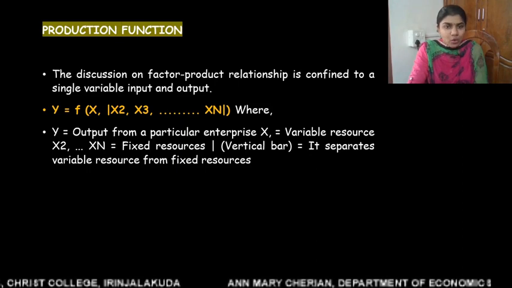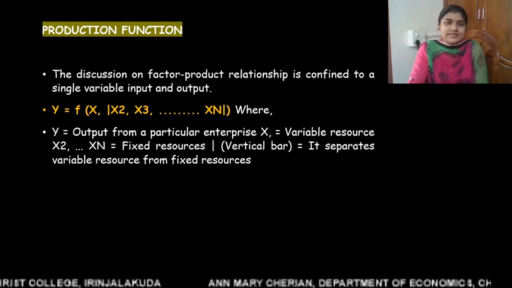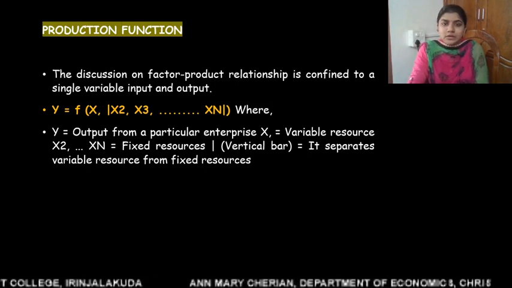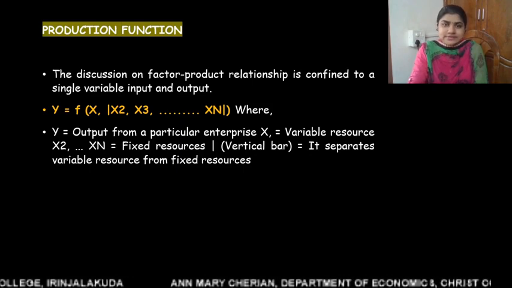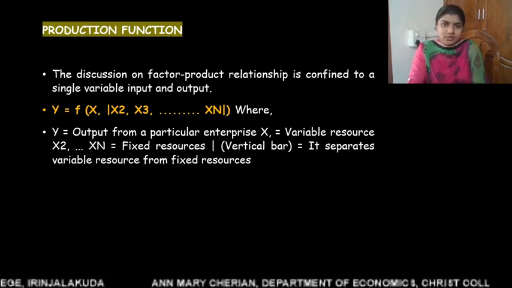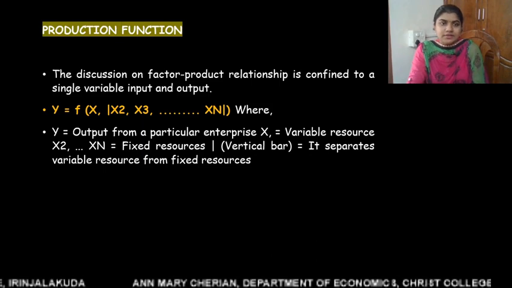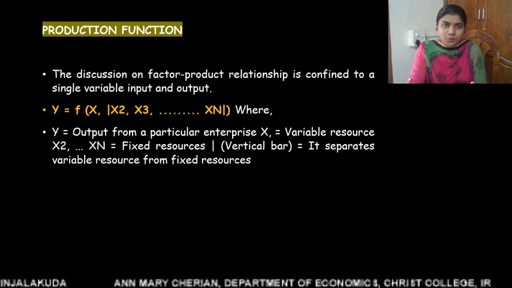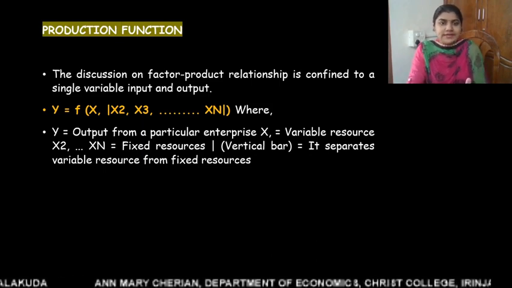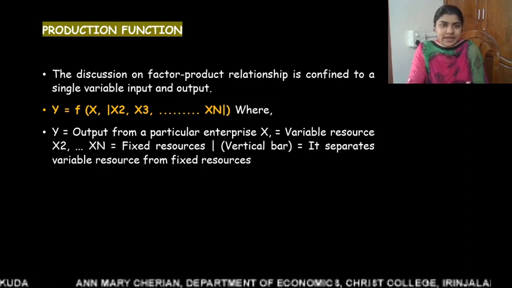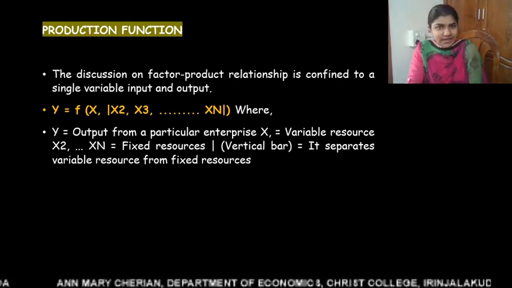So Y is the output. Y is the output from a particular enterprise. That is, if you are considering jute production, then jute's output is Y, and the inputs used are x, x2, x3, etc., xn.